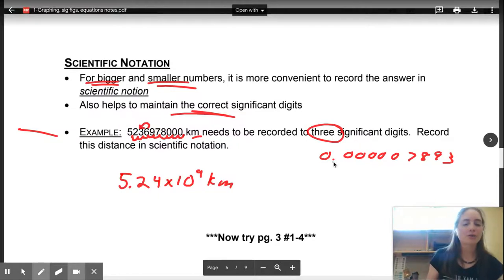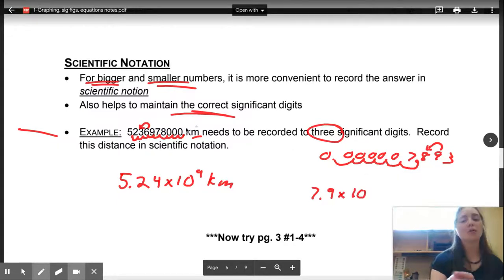So we go 1, 2, 3, 4, 5, 6. Okay, so then we have 7 point. Now I need 2 sig digs for this example, so that means we need to look at rounding. Well, that 9 is going to round that 8 up. And 8 up 1 point is going to be 9. So that would be 7.9 times 10 to the power of.